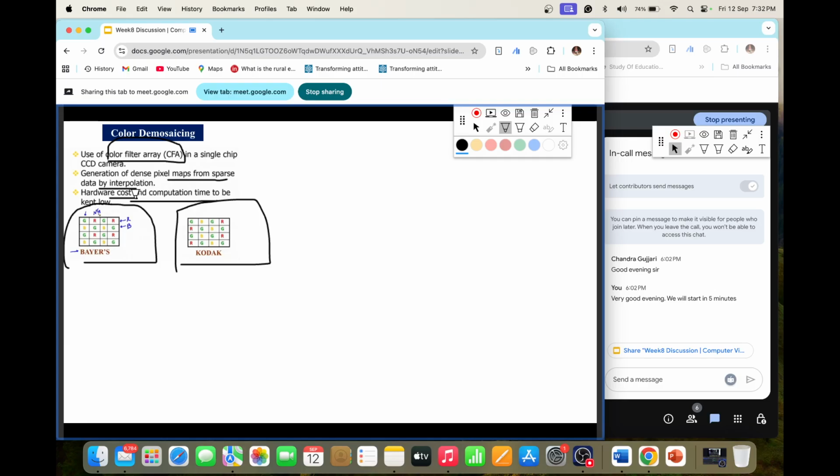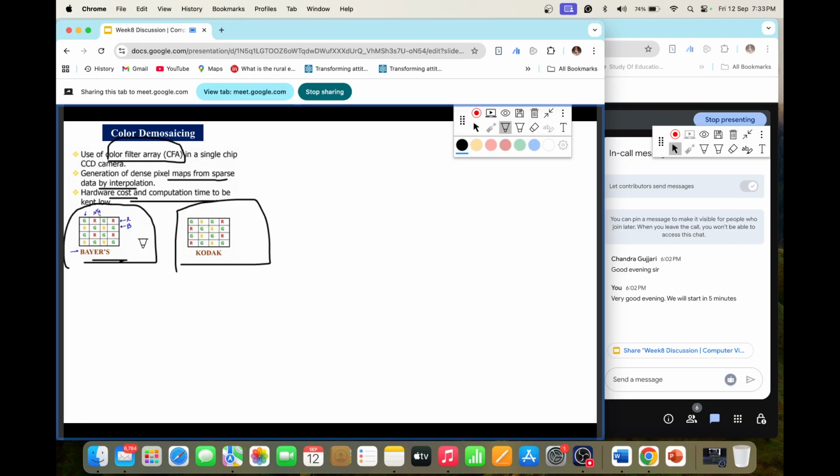And second is, to get the resultant color of the image, our problem is that we have to do more computation. So to deal with it, we always use the CFA or the color filter arrays. Okay, so generally we use this Bayer filter array. Okay, so this is the Bayer filter array, you can see.